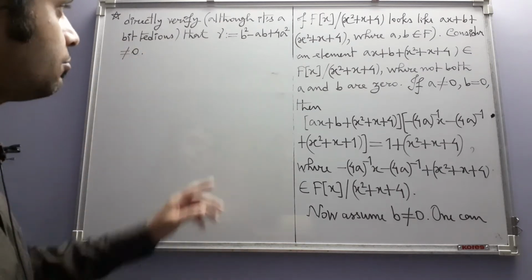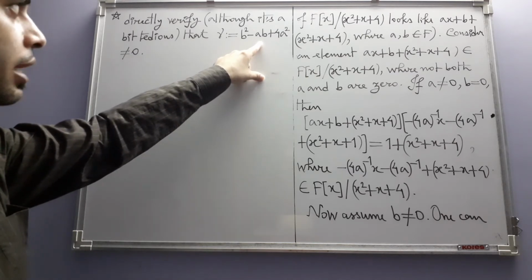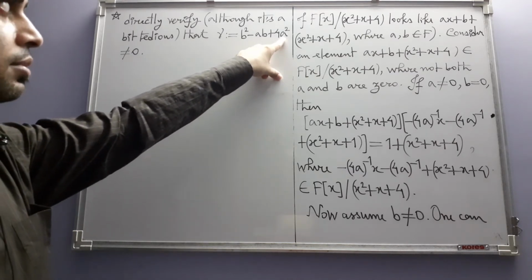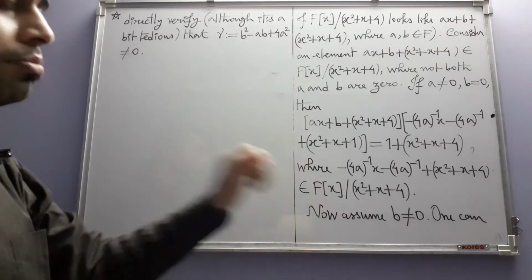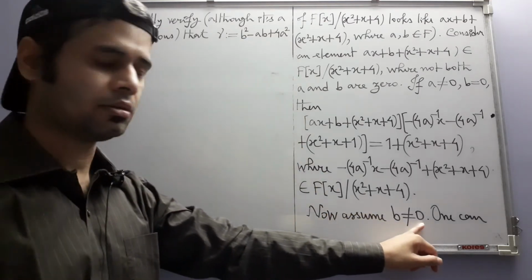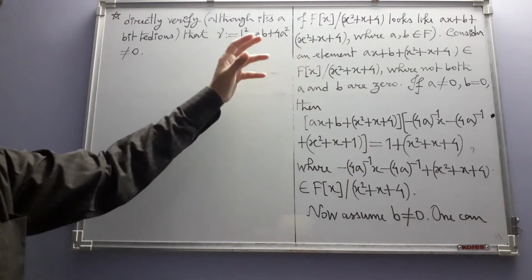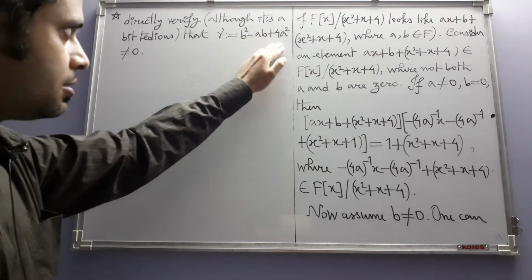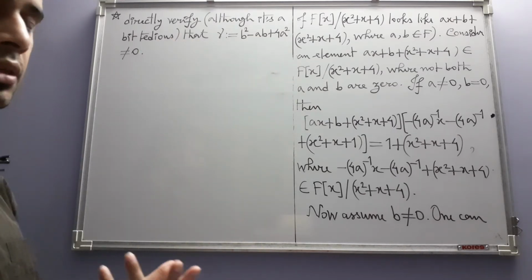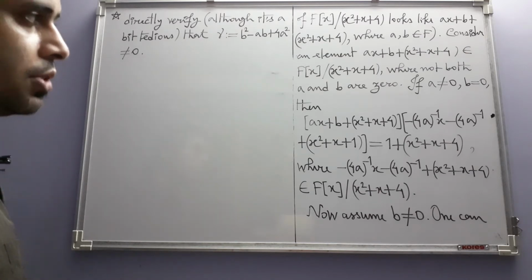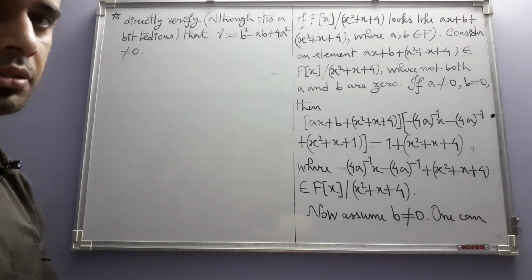What is the reason for this calculation being tedious? It's that you have to consider all possibilities of a and all possibilities of b, except you cannot take b equal to 0. In every such possible pair, you will see that this remains a non-zero field element. Is it really feasible? Yes, it is feasible because we are working in a finite field now which has 11 elements.